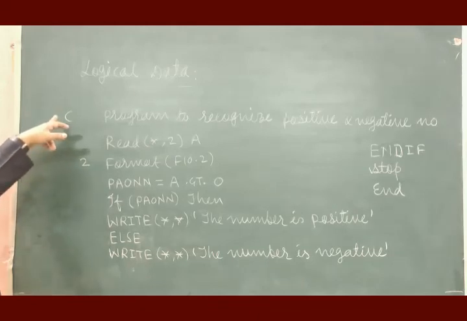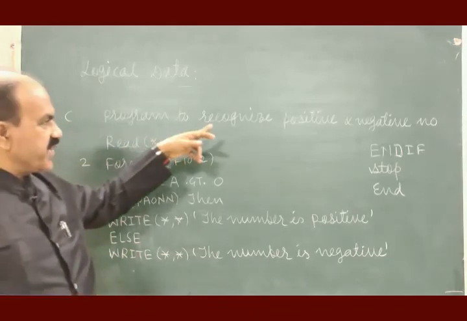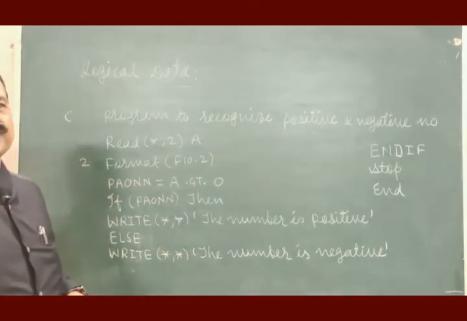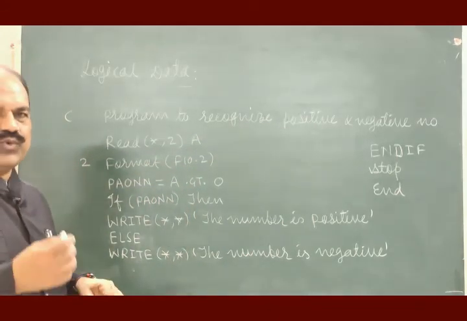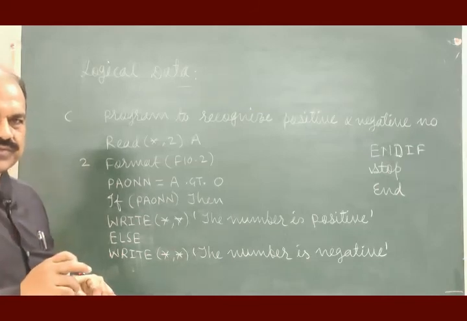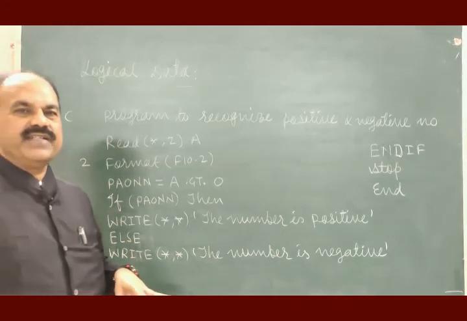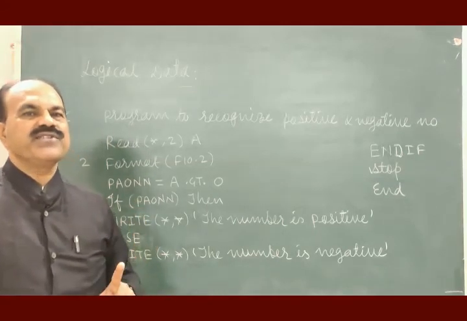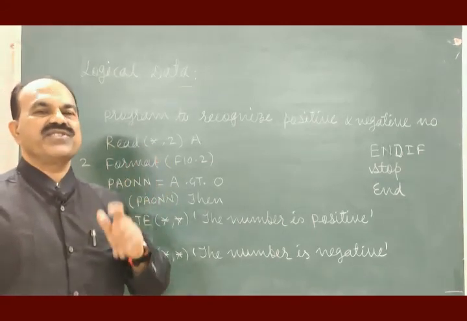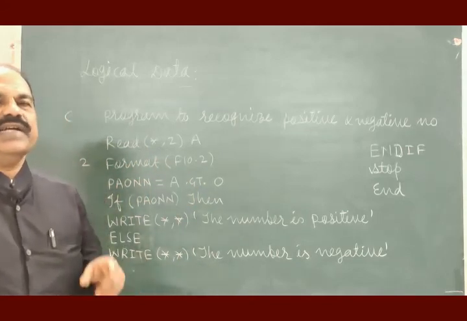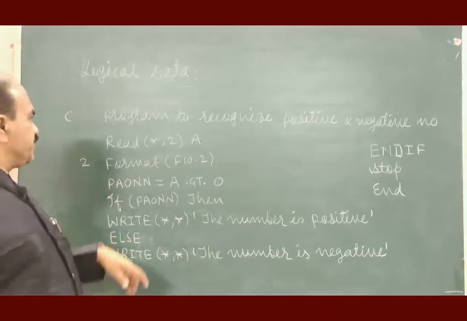Comment line. What is the comment line? Program to recognize positive and negative number. You are required to input some number and the program will read whether the number read by this program is negative or positive.